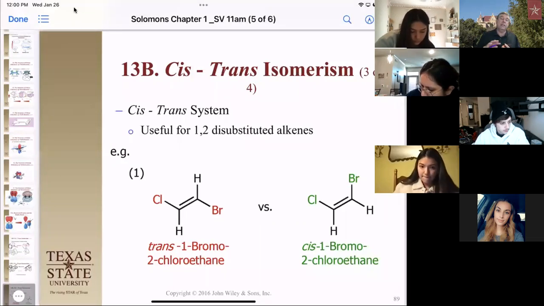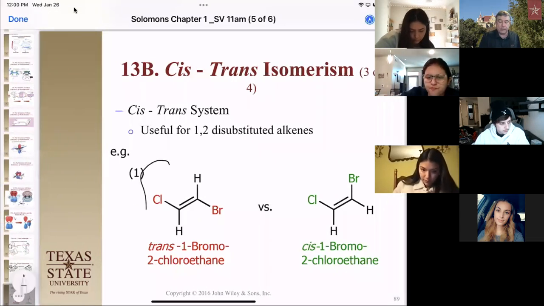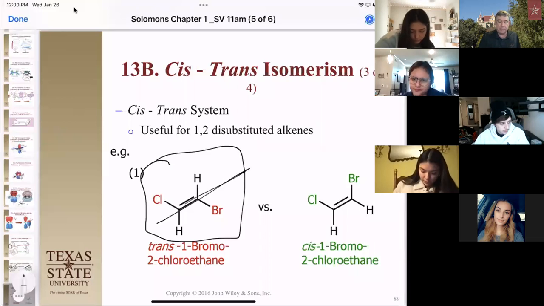When we have tri-substituted alkenes, we're actually going to look at that in chapter 3 about the different nomenclatures for that. But when we have the di-substituted, we can say cis and trans isomer to tell you exactly where something is. So let's say you had a bromochloroethane. So you have 1 bromine and 1 chlorine. Well, you could draw it one way, like this, where they're on the opposite sides of that double bond.